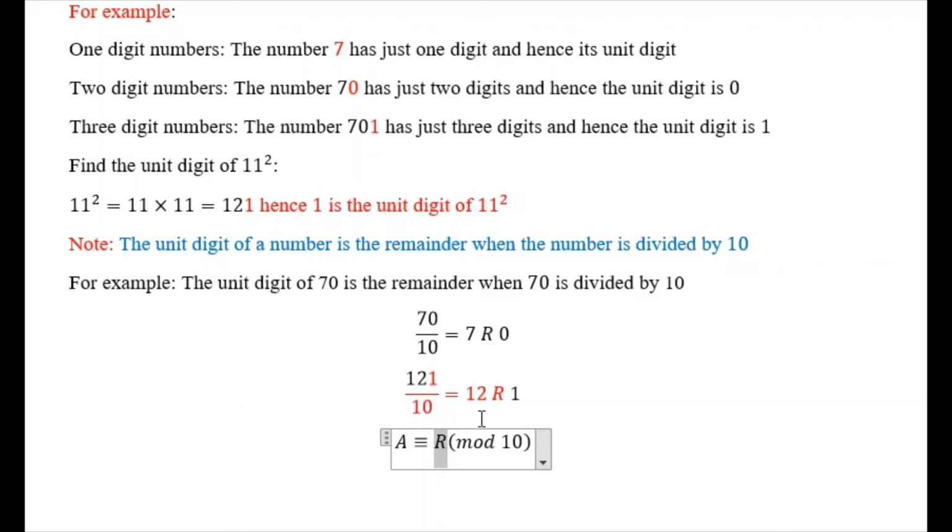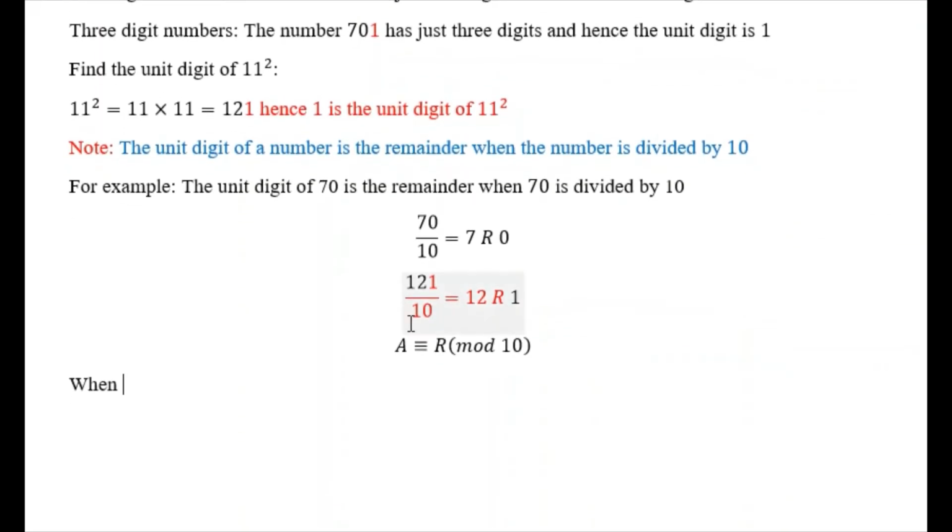Sometimes the remainder can also be a 2-digit number. But when the remainder is a 2, 3, or 4-digit number, what you need to do is take the unit digit of that remainder. There are many rules here that you need to know, but it's not complicated.